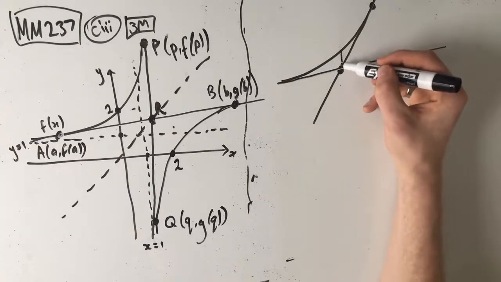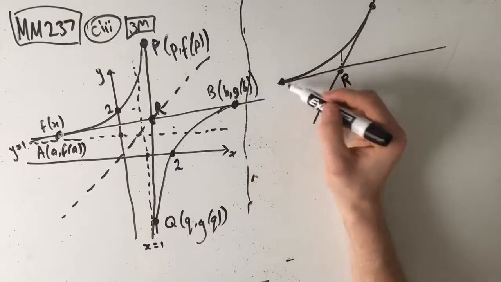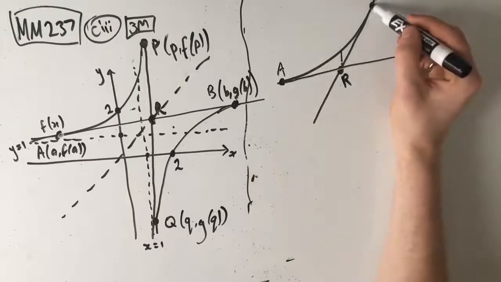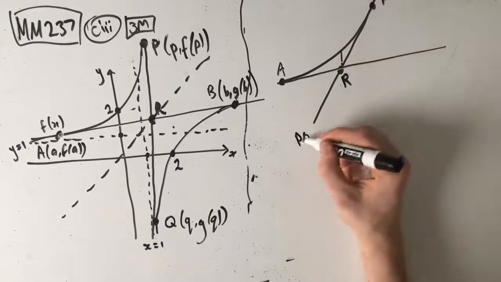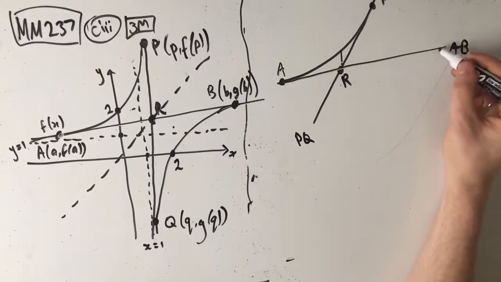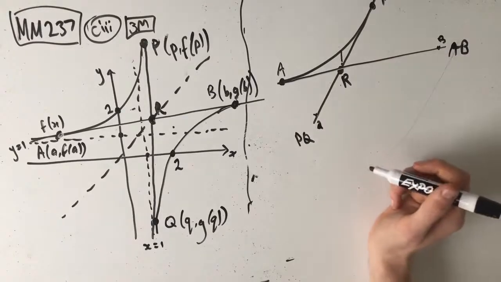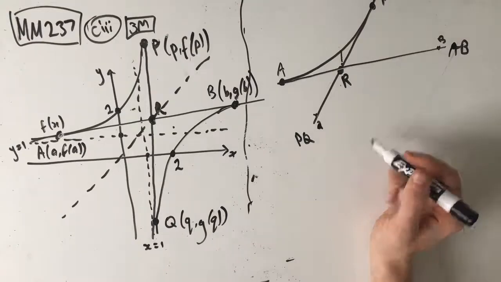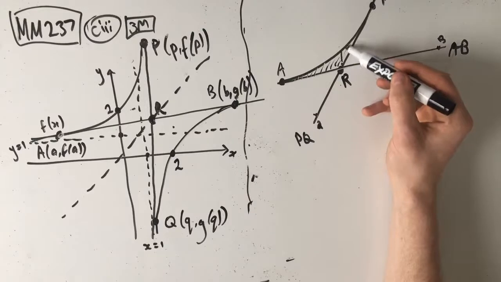So we're going to need to break this up into 2 sections. So this is our point R, this is our point A, this is our point P, and this is our line PQ, this is our line AB, right? So B somewhere over here, Q somewhere down here. So we're going to need to get this area, then add it to this area, right?